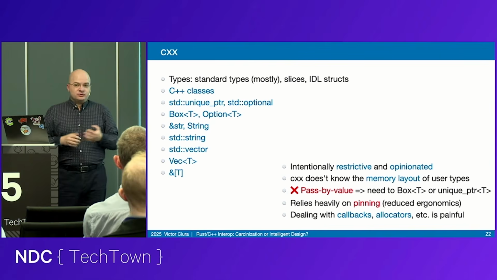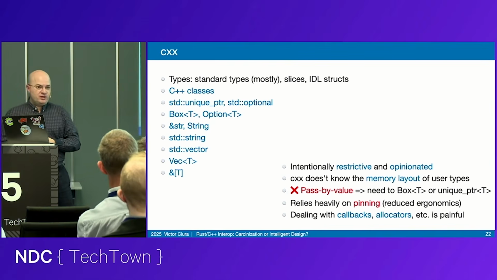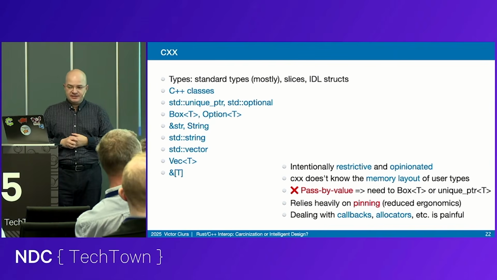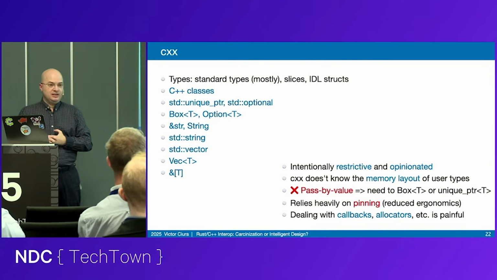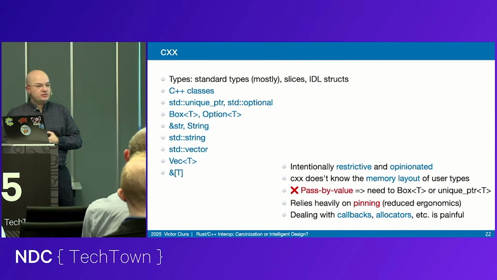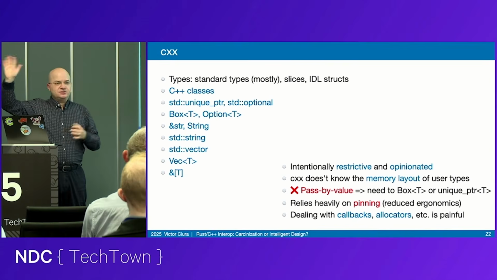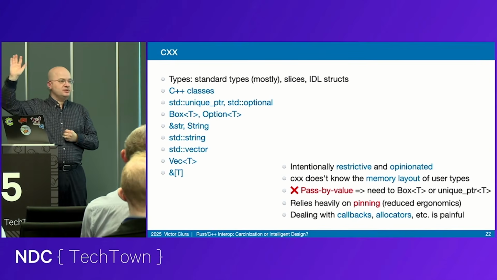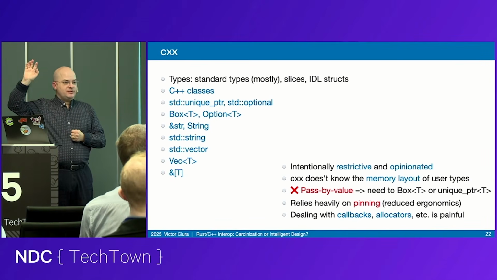And also a consequence of how this works is that you have to rely a lot on pinning. How many people know about pinning? This is not a Rust conference, so I have to ask. So just maybe a third of the room.